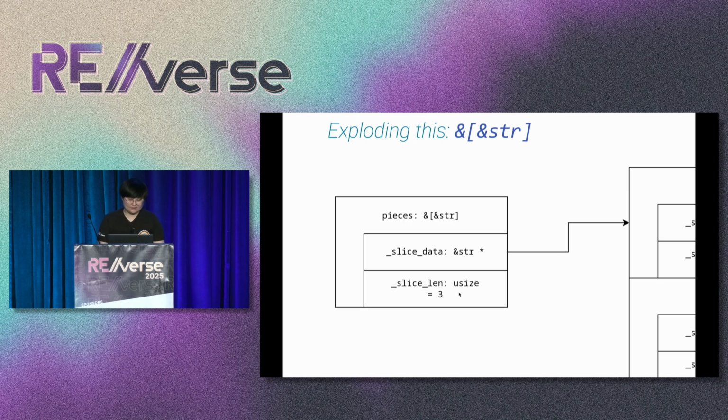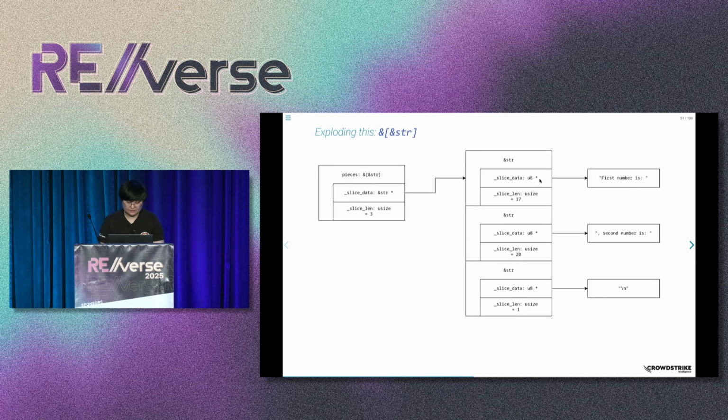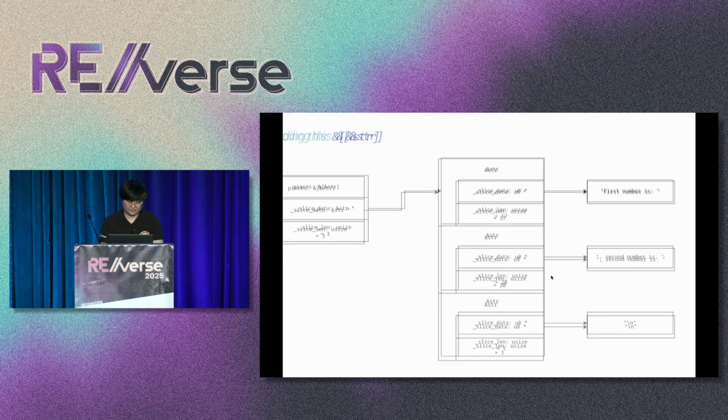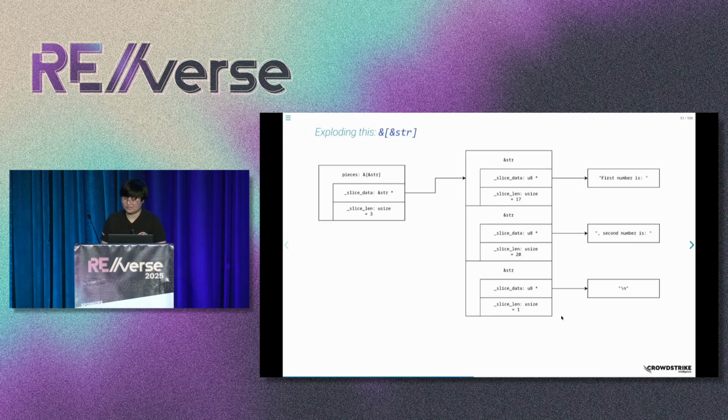And then we'll have this length here that says, once you've gone through this many string literals, please stop. That's not part of the slice anymore. Of course, each of these string slices is itself a slice, so each of these is again a pointer to some string data and the length of that string. So that's a breakdown of what this would actually look like.